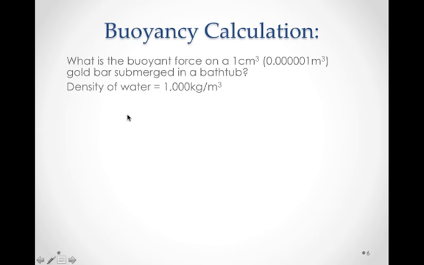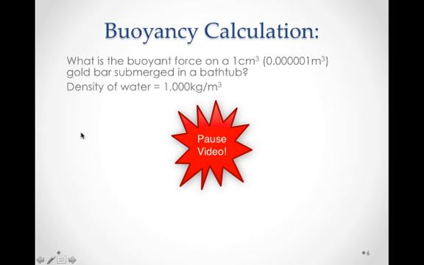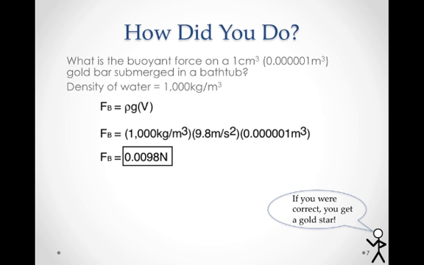This is our first buoyancy calculation. So read the problem, do your best to calculate, and when you're done, come on back to the video and see how you did. So how did you do? Hopefully you started off with your buoyancy formula, and you realized that this is the density of water that you use, because it's the water that's supporting this bar of gold, and the volume of the bar of gold.